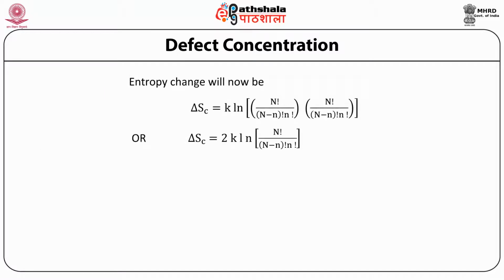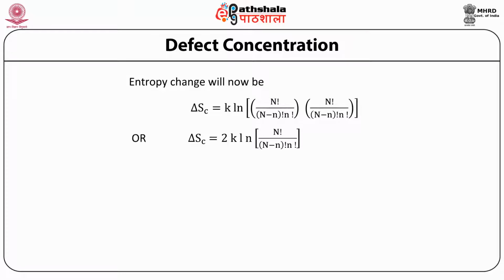Now the entropy change can be represented as delta Sc is equal to k ln of N factorial divided by (N minus n) factorial times n factorial, into N factorial divided by (N minus n) factorial into n factorial, or it can be written as the square of N factorial upon (N minus n) factorial into small n factorial.